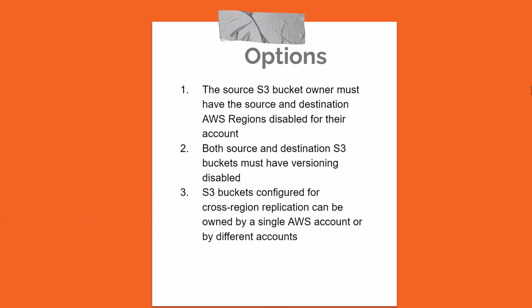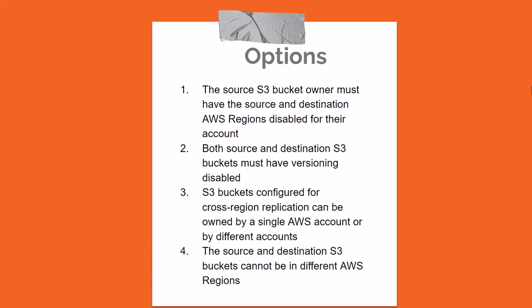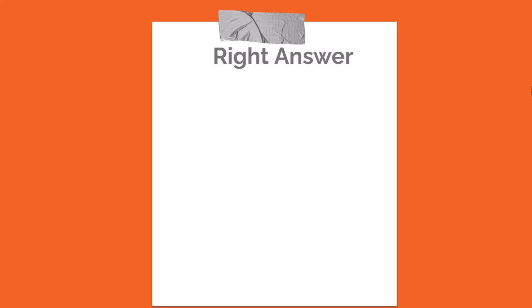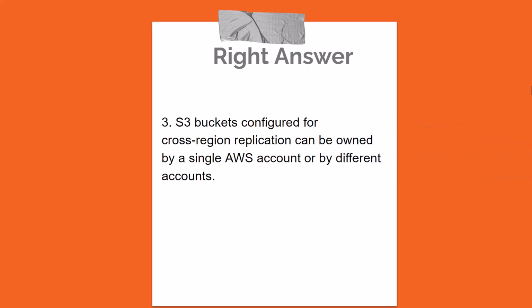S3 buckets configured for cross-region replication can be owned by a single AWS account or by different accounts. Option 4. The source and destination S3 buckets cannot be in different AWS regions. Correct answer is Option 3. S3 buckets configured for cross-region replication can be owned by a single AWS account or by different accounts.